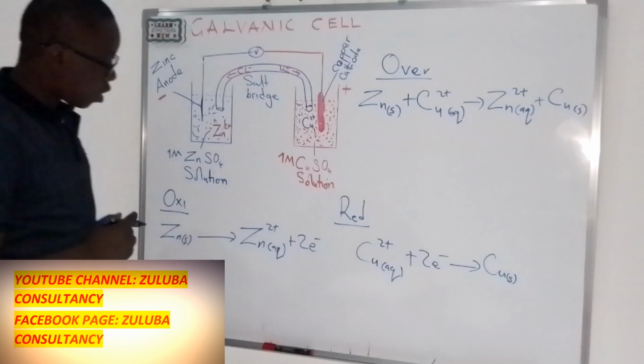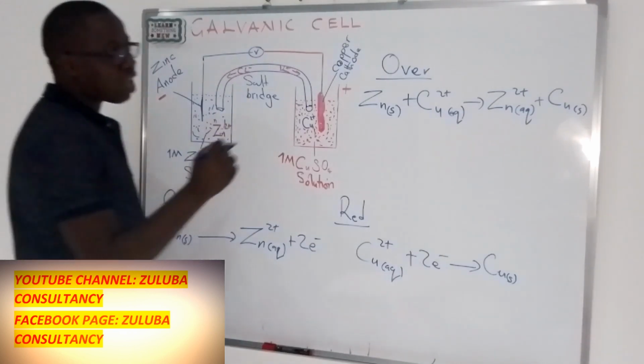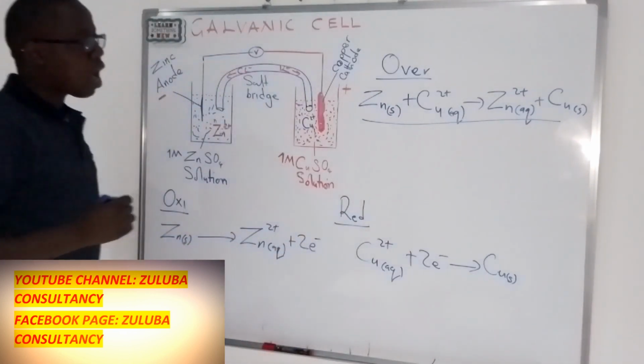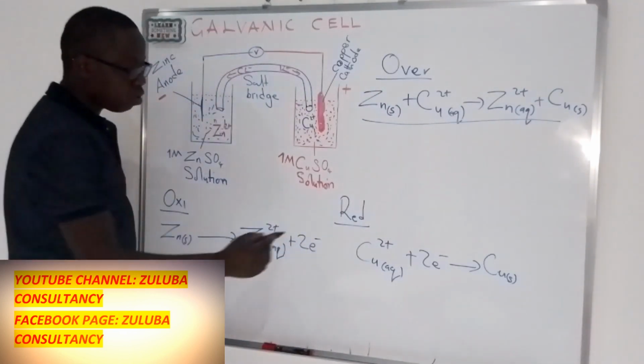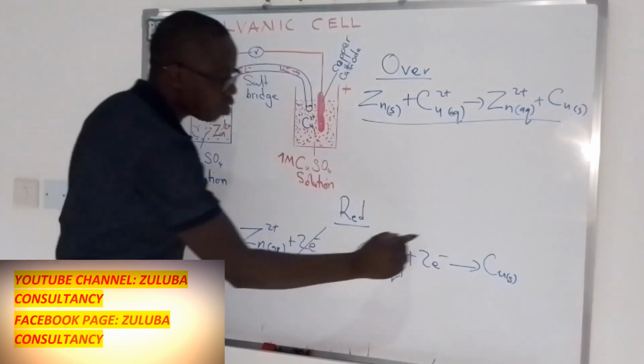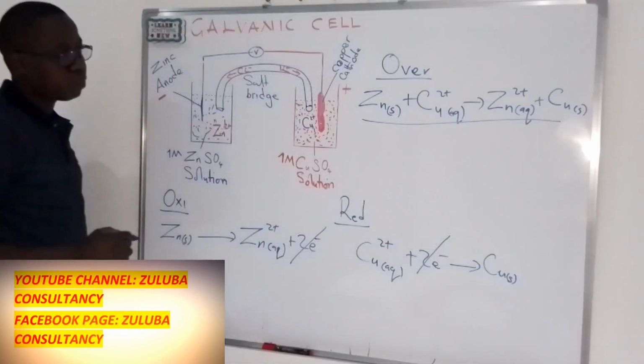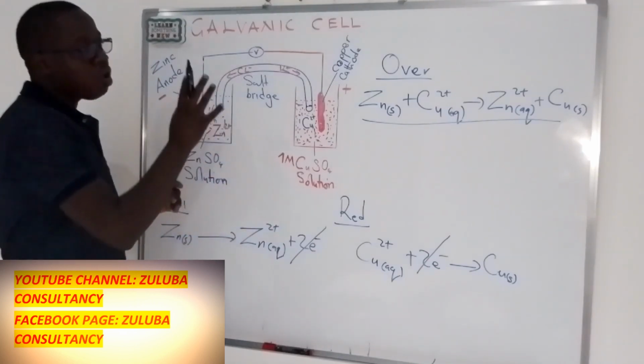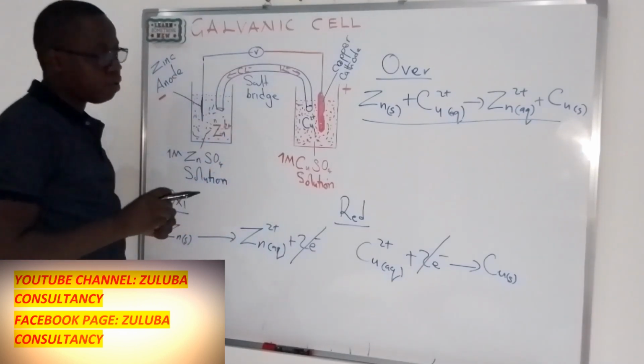Now, you'll notice that the electrons are not shown on the overall reaction. And the reason is very simple, because these electrons can simply cancel out. So this is how we write the overall reaction of a galvanic cell.